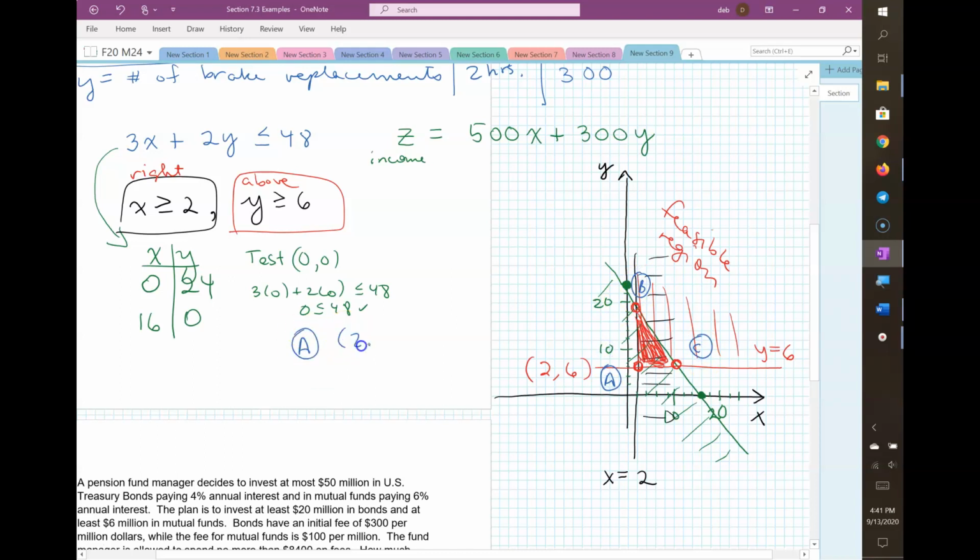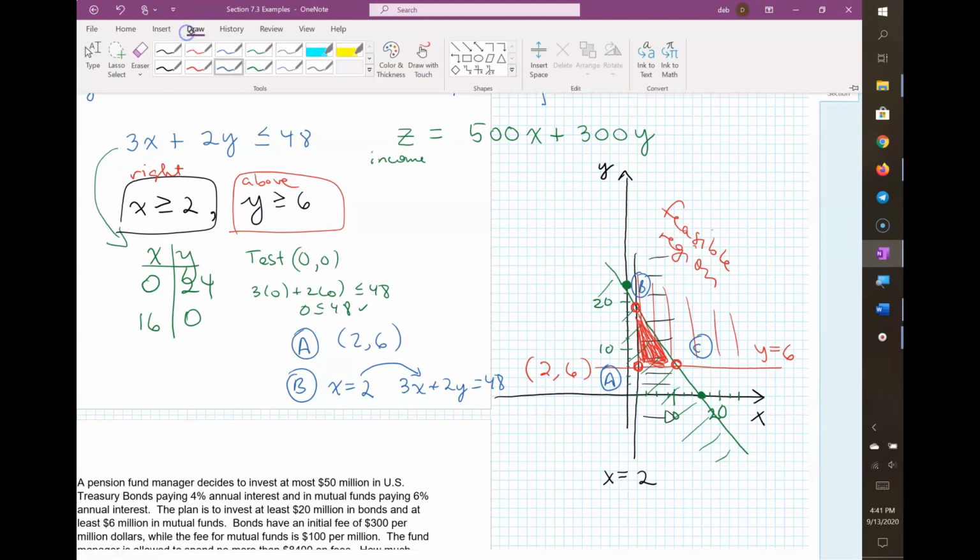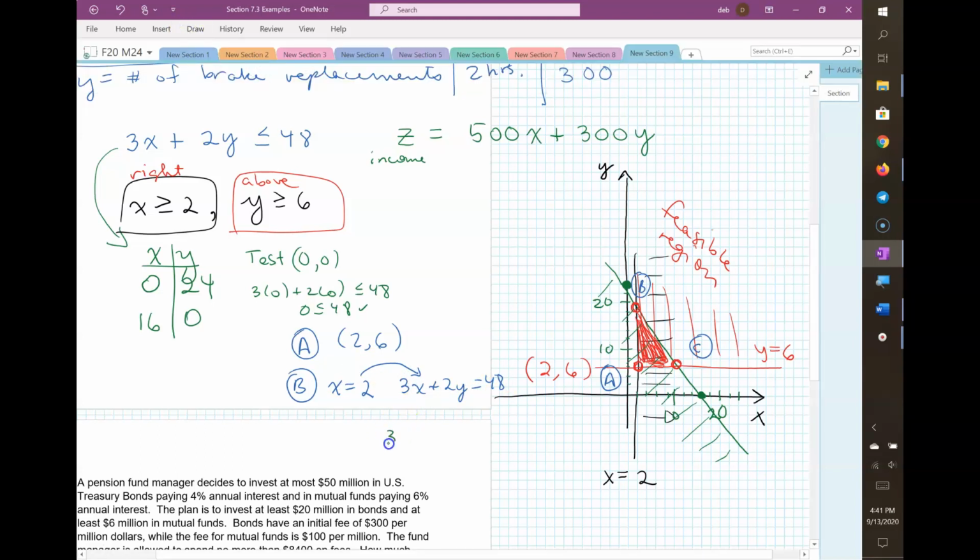So A is 2, 6, but then B needs some algebra. So x is 2, and then 3x plus 2y is 48. So I need to put 2 in for the x and solve for the y.